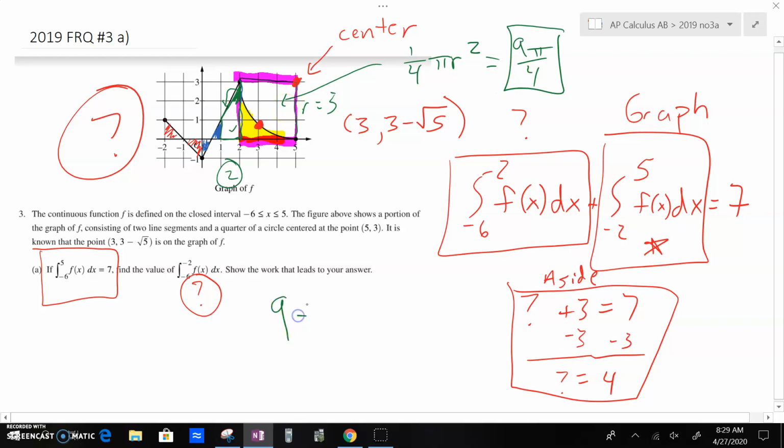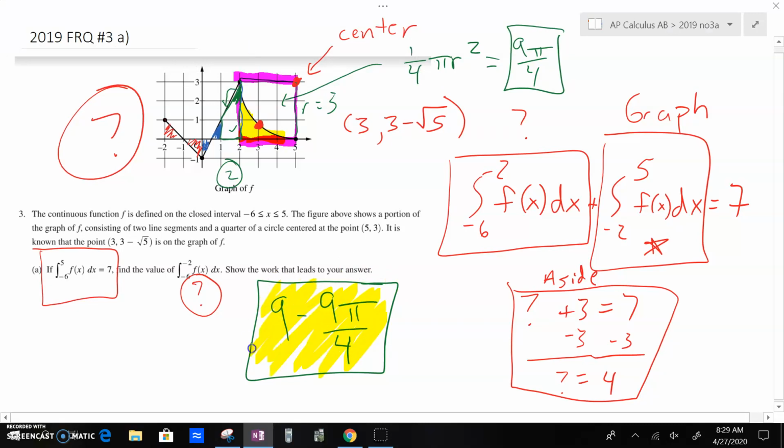So I'm going to go 9 minus 9 pi over 4. That is the yellow highlighted space. The whole thing, the big purplish square, is 9. Subtract out my quarter circle, and my whole yellow space is 9 minus 9 pi over 4.